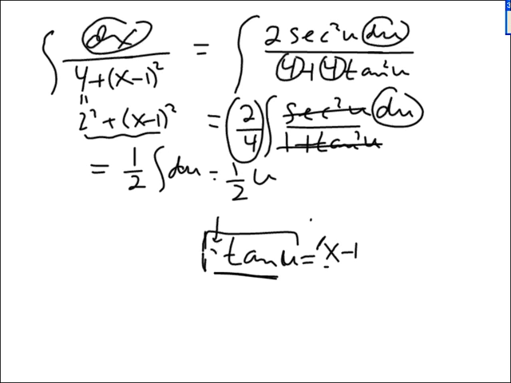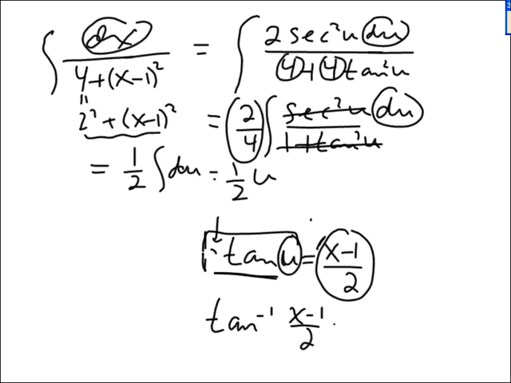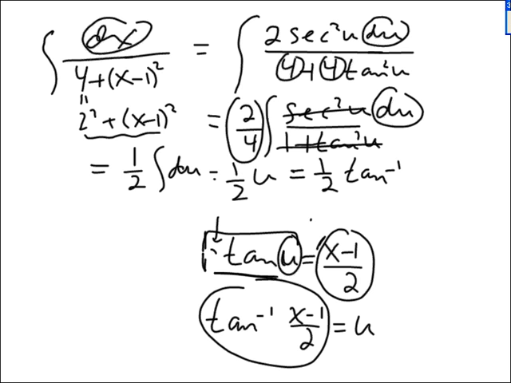And now, I interchange those. The tangent inverse of (x minus 1) over 2, that's u. Okay? So I have 1/2 of u. That's how I write u. The tangent inverse of (x minus 1) over 2. And there's the answer. Plus c.